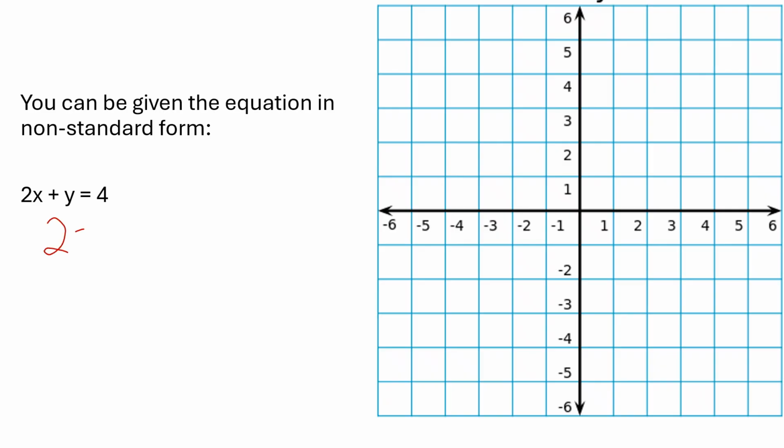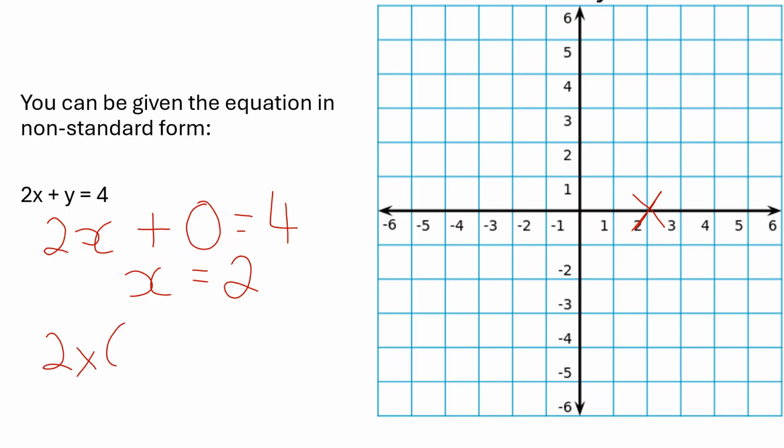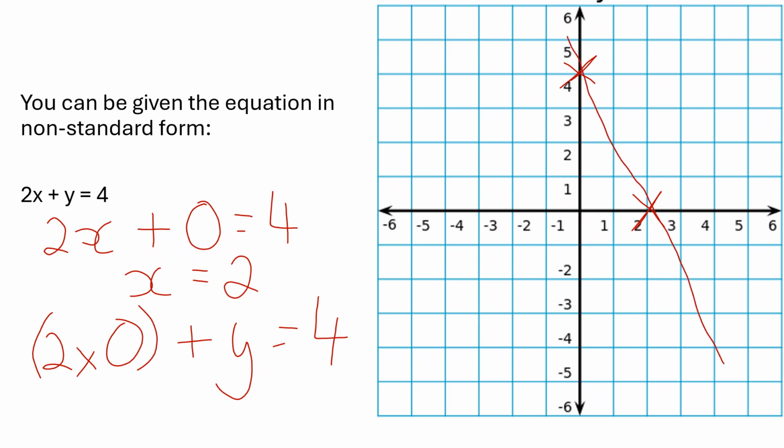So we'll have 2x plus 0 equals 4. x will be 2. Now we're going to let x equal 0 to find y. So we'll have 2 times 0 plus y equals 4. y will be 4 here. We can join them up.